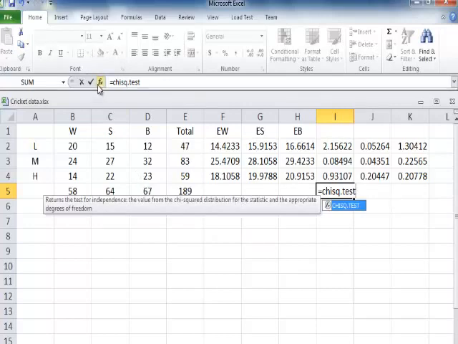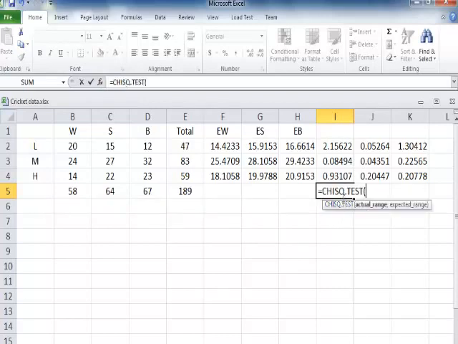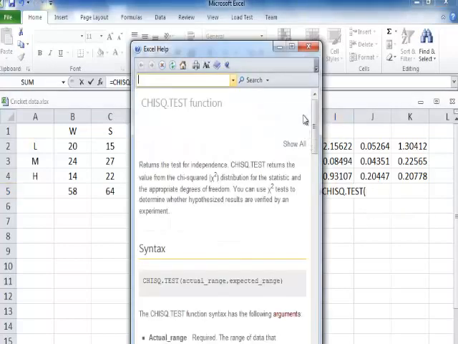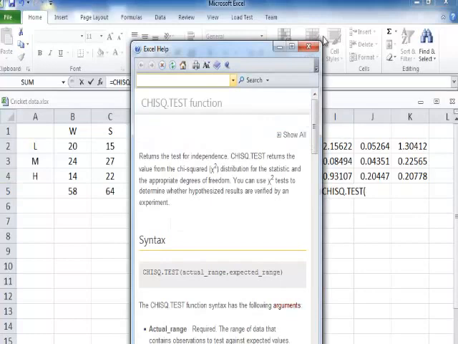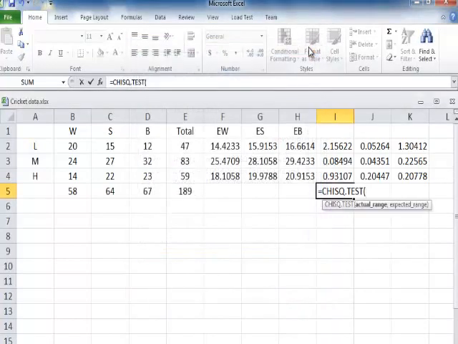Okay, now what I want to do is to look at the help for this to see what it tells me. Actual range, expected range. What? This is actually going to do the test on the whole thing? Very interesting. I think it's going to calculate that chi-square value. Yeah. It is going to calculate. So I don't need to do all of that. Okay, let's try to do it like that.